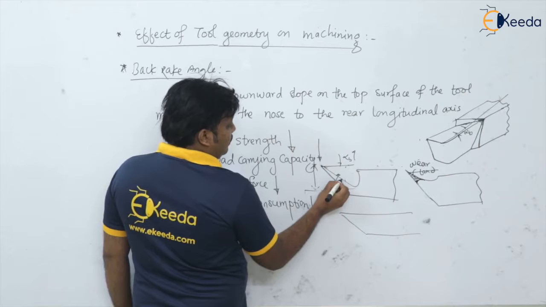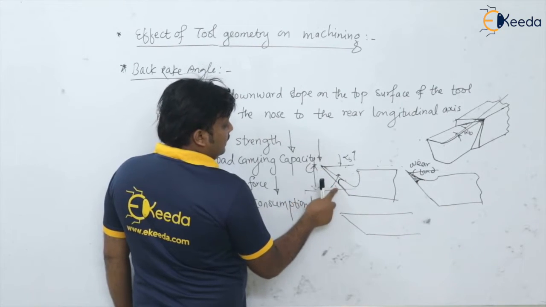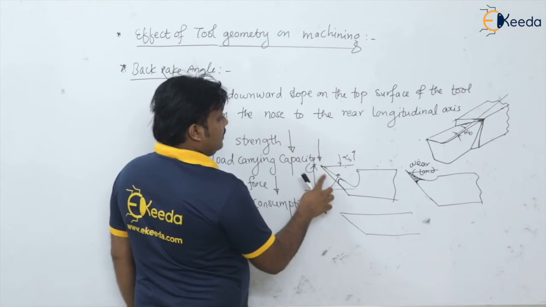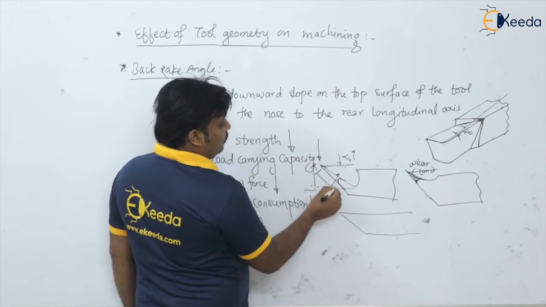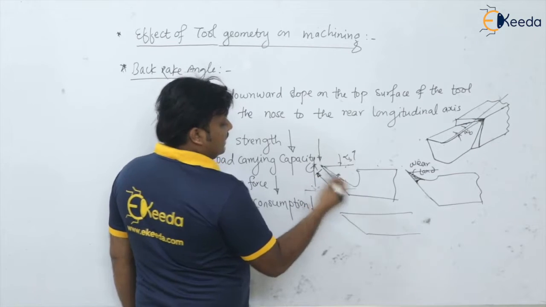The time between two successive regrinds is maximum because the tool takes more time to wear out or get blunt, so that I can remove it and go for regrinding or resharpening of the tool.